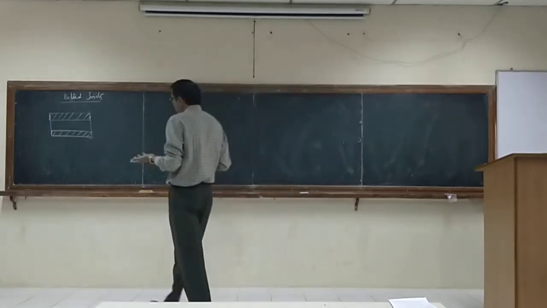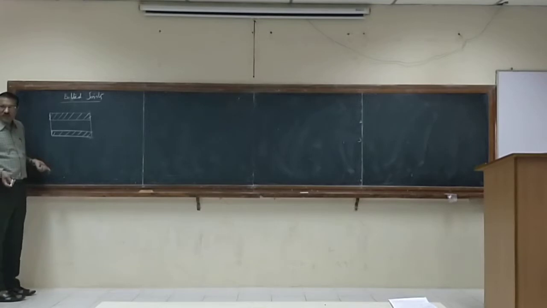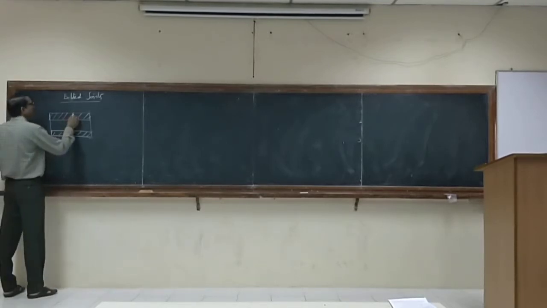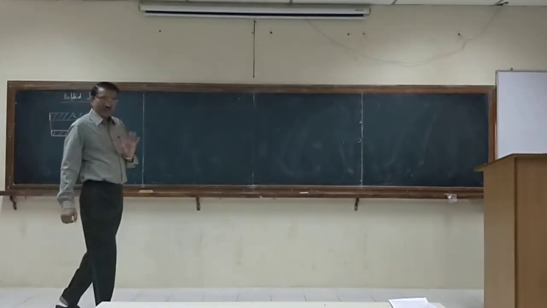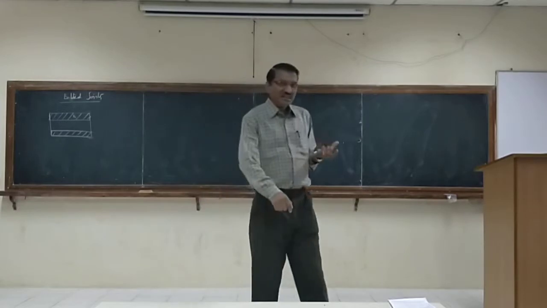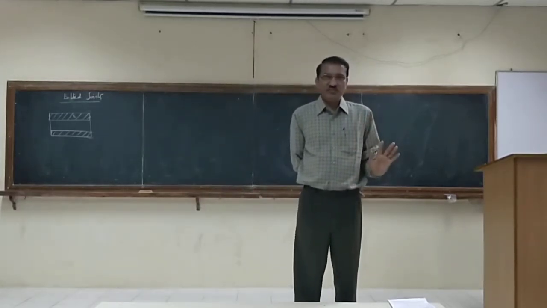Its cross-section area is available, its Young's modulus is available, and its length is available. That gives us K of the component. Stiffness of the component is available from this. Knowing its area of cross-section, length, and Young's modulus, we get it.